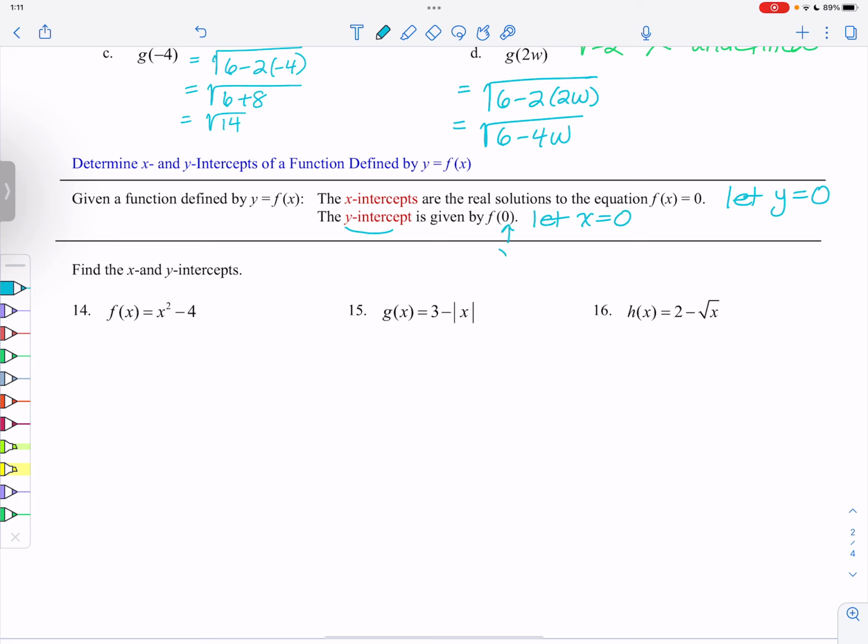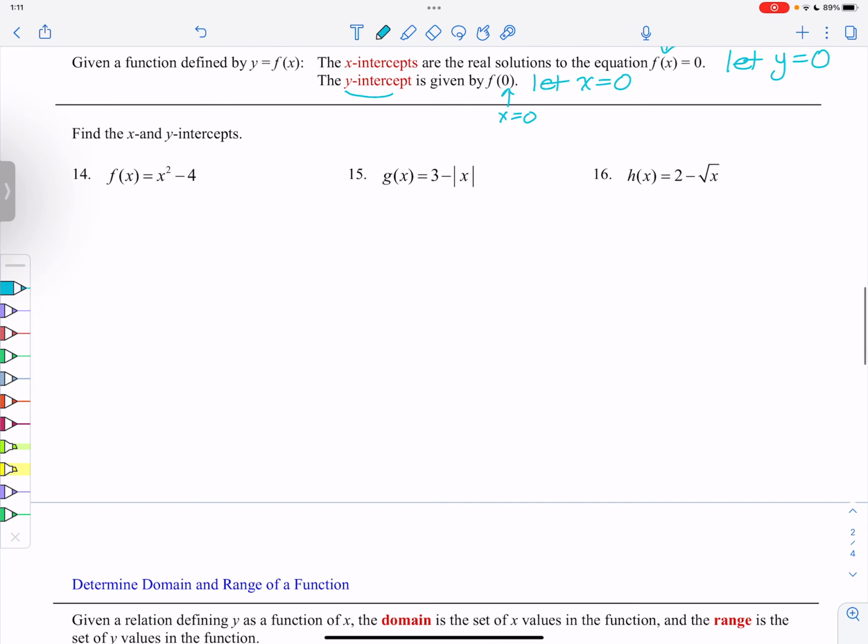As you can see here, f of x is y, so we're letting y be 0. So let's go ahead and find our x-intercepts and our y-intercepts. Let's start with our x-intercept. Here we're going to let y be 0, and we're going to solve that.